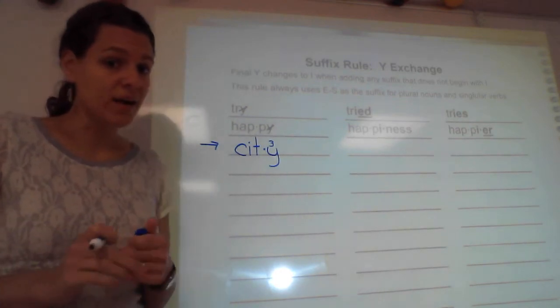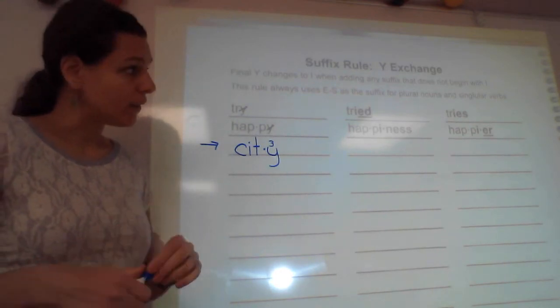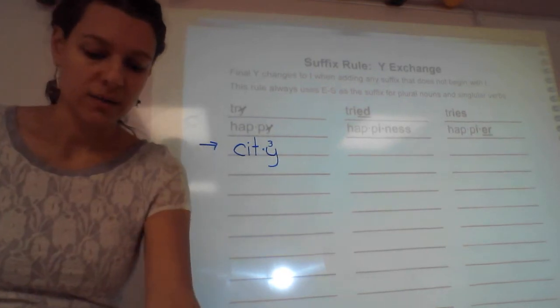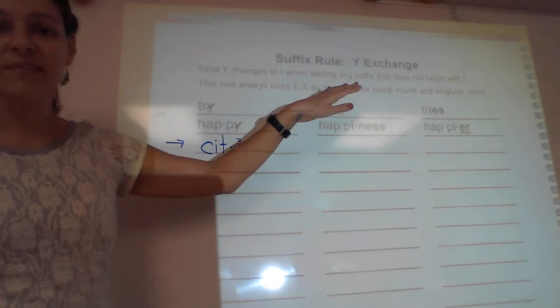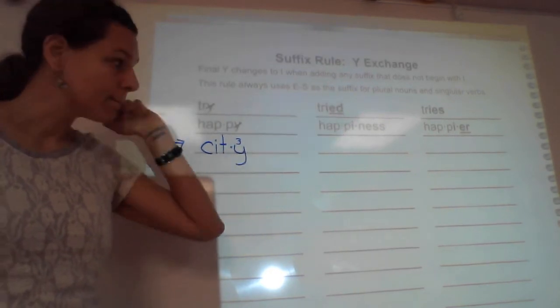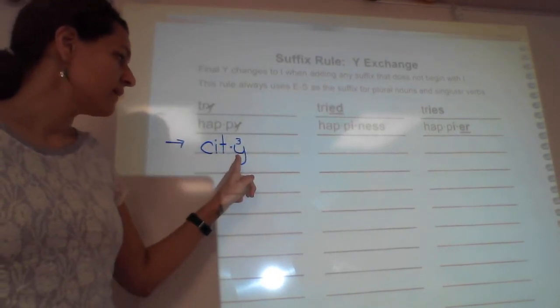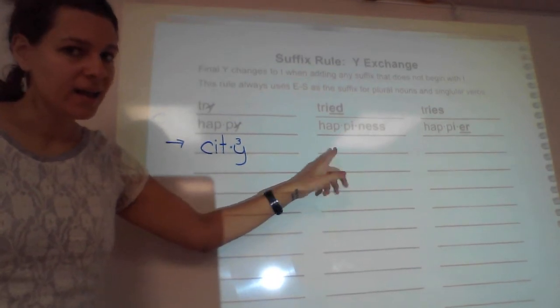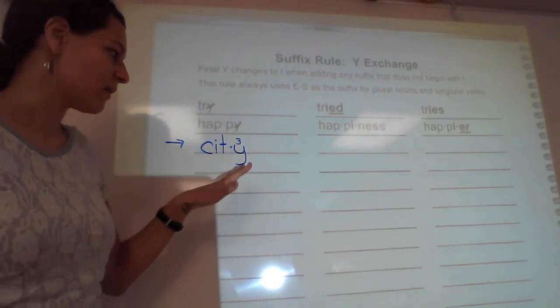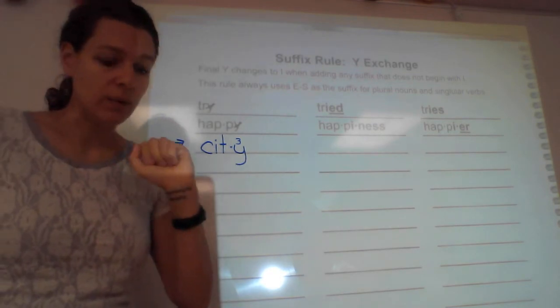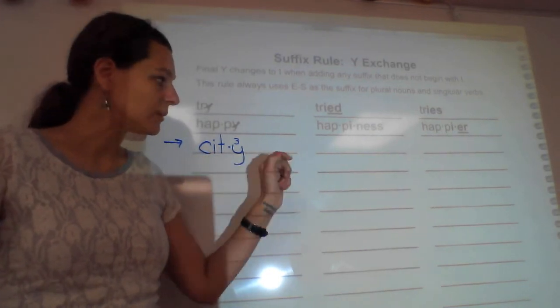All right, so city is just one. It's singular. To make it plural, we're going to trade, since that would be adding any suffix that doesn't begin with an I. We're going to trade this Y for an I, but we always have to write ES when we're doing our Y exchange rule, if we want to make something plural.